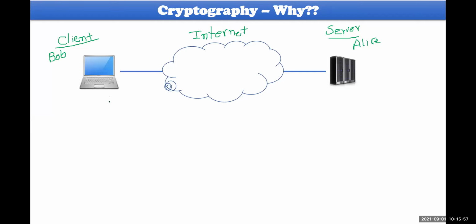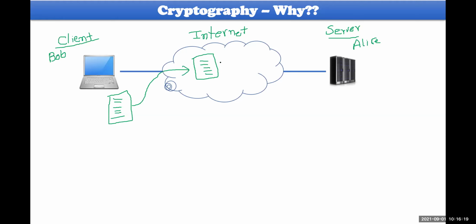Look at this. This is the specific data which he wanted to communicate with Alice. This data is sent to the internet here. Whatever message he wanted to communicate will be placed onto the internet.